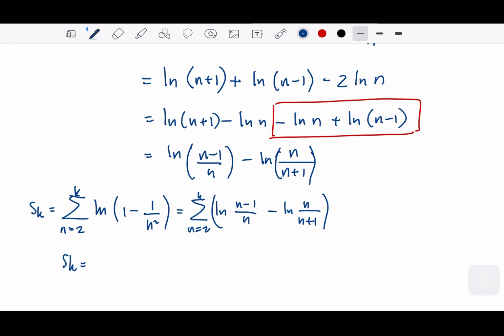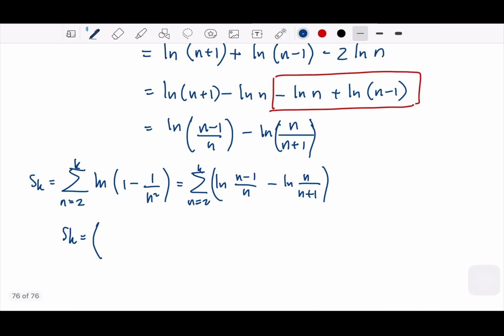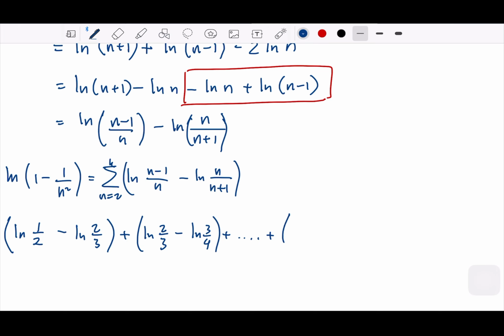And then we can take the sum from n equal to 1, so ln 1 over 2 minus ln 2 over 3, and then plus ln 2 over 3 minus ln 3 over 4, plus, and you will see where it goes. It will be a telescoping sum, and then we have our formula: ln (k minus 1 over k) minus ln (k over k plus 1).